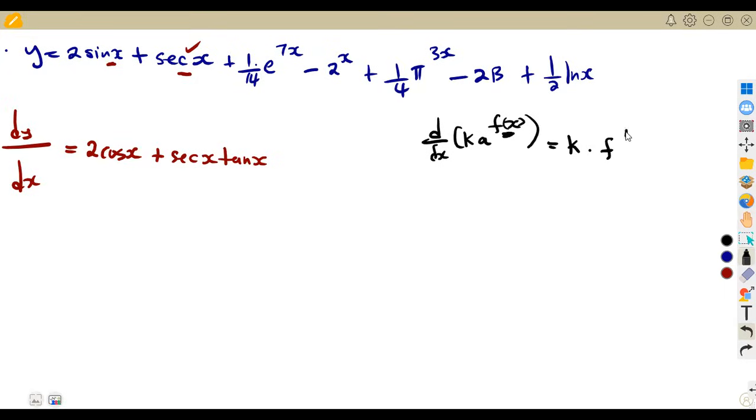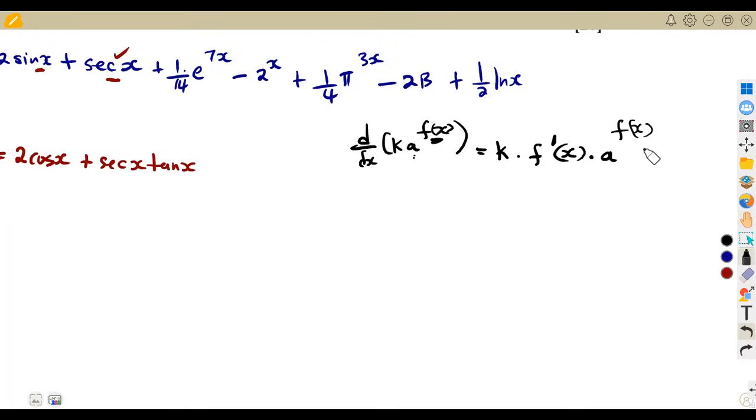So we're going to have the derivative of f of x times the original function as it is, which is a to the exponent of f of x, then ln of the base, which is a. So take note, the constant is the number, then the derivative of the function, then you rewrite the function as it is, then ln of the base.